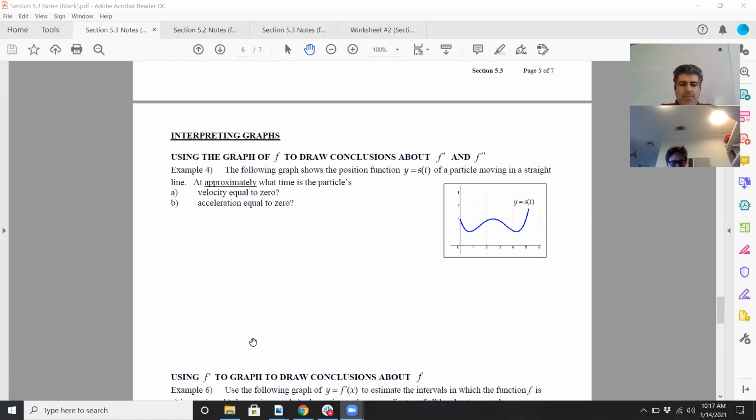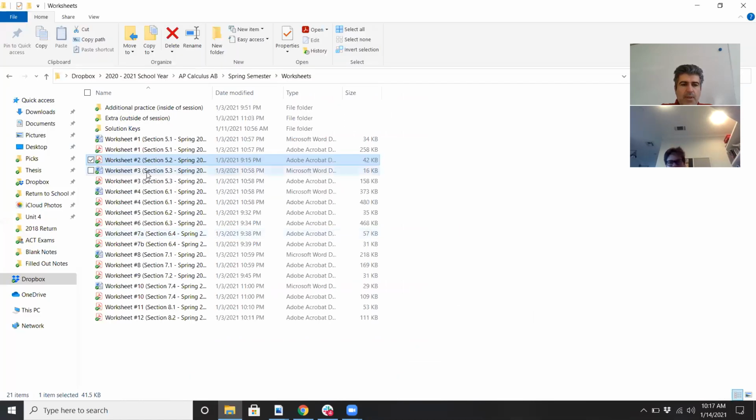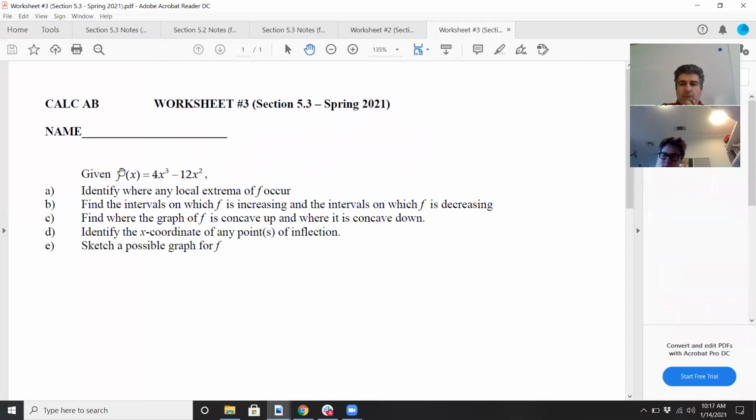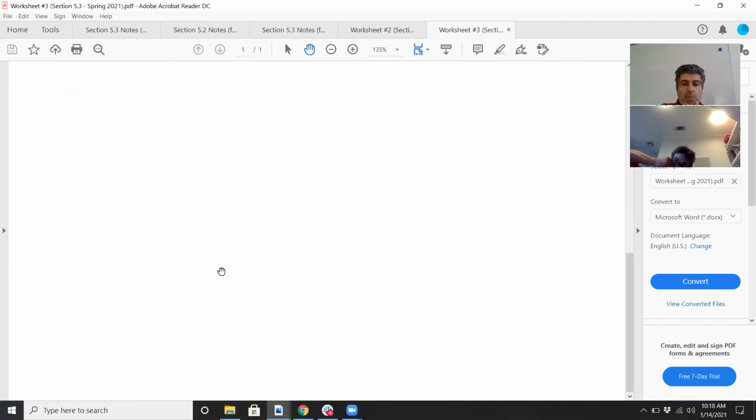Interpreting graphs. Sadly, I don't know if we're going to get to this worksheet again. The more I think about it, I might have to make my videos a little longer so I can get to more, so I'm not spending as much time lecturing. But these are good worksheets. There's just one problem.